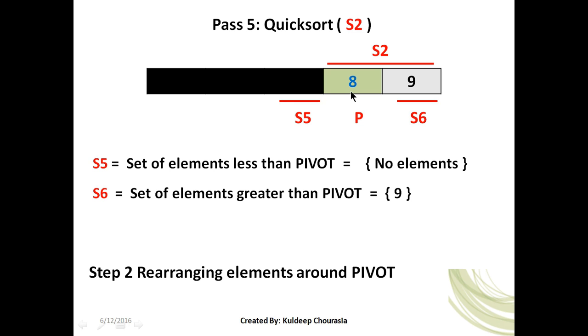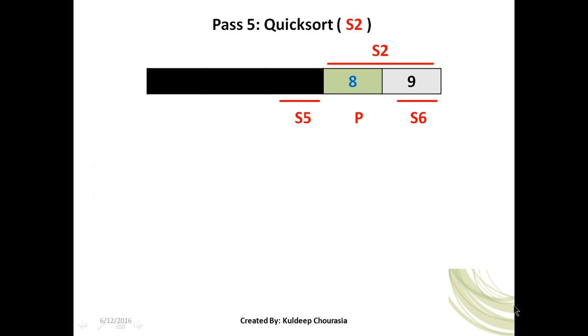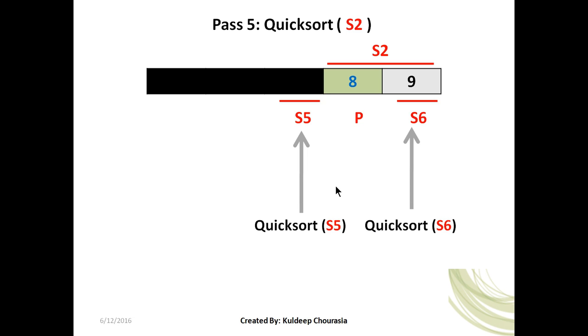Elements which are less than pivot go to left, and elements which are greater than pivot go to right. So my next task is to Quicksort S5, and when this task is over, I have to Quicksort S6. You must remember that set S5 does not contain any elements, that is, a null set.